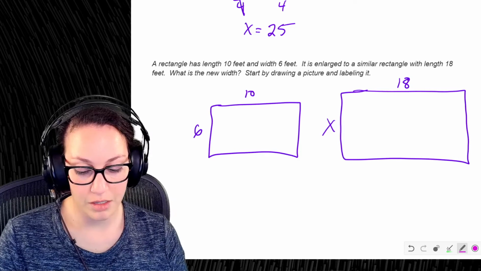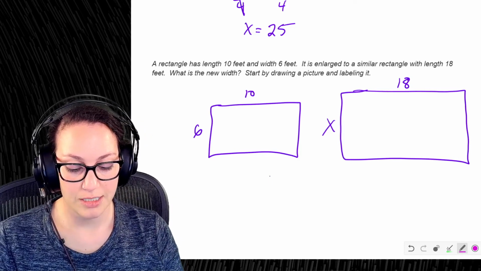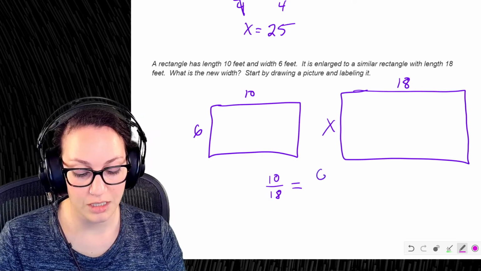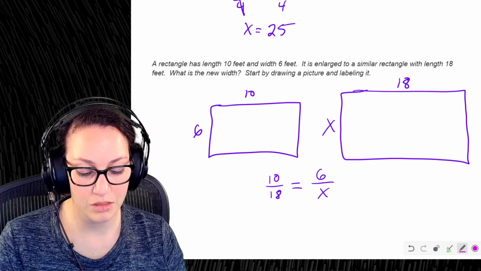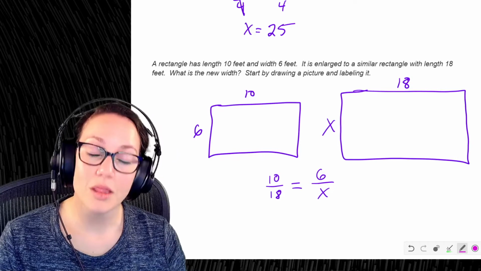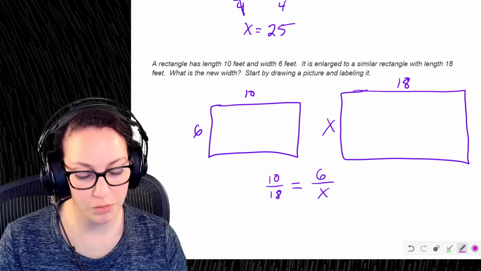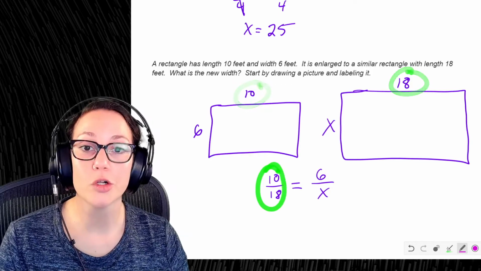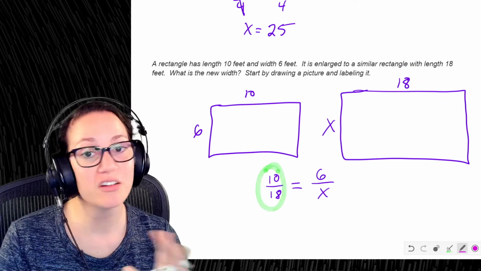So I'm going to say 10 over 18 is equal to 6 over x. Again, there are a lot of different ways we can set up the proportion, but as long as the pieces that are corresponding are either vertical with each other or horizontal with each other, you're good to go.